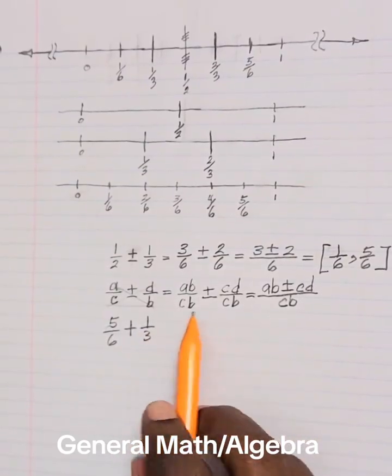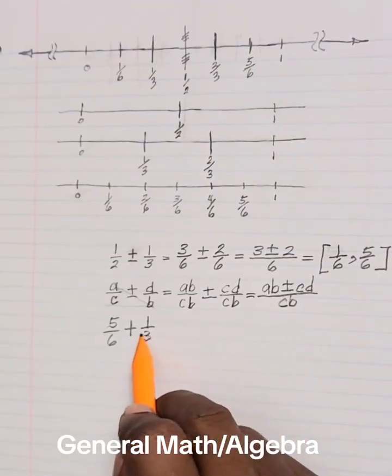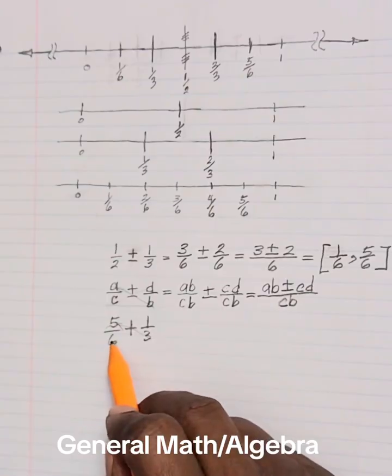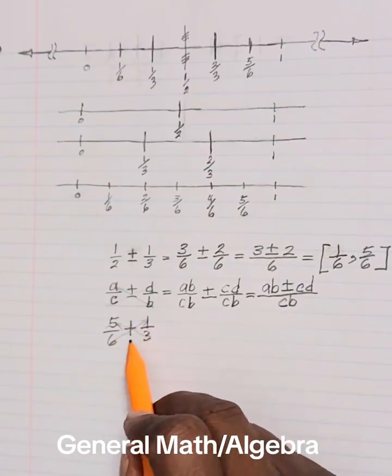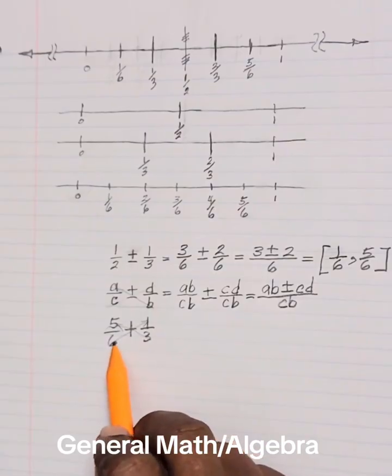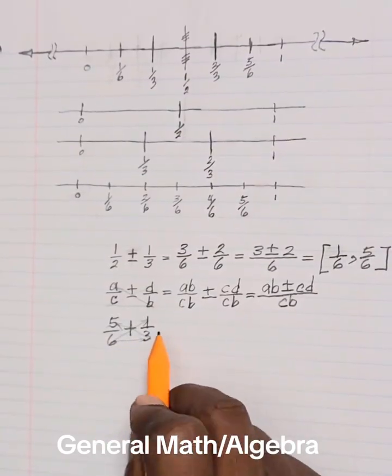Then we just, according to this, we just need to multiply this times this and leave the answer here. Multiply this times this and leave the answer here. Some people call it crisscross applesauce, and multiply this times this and put the answer at the bottom.